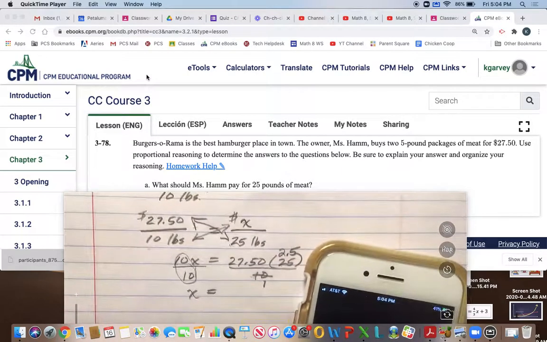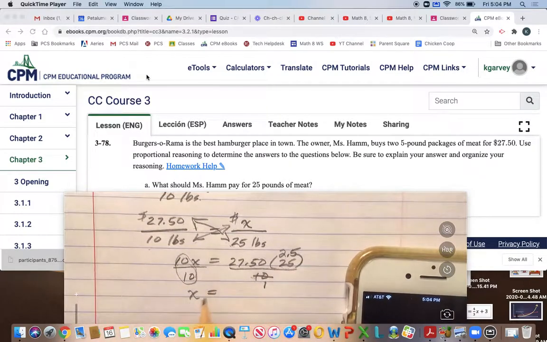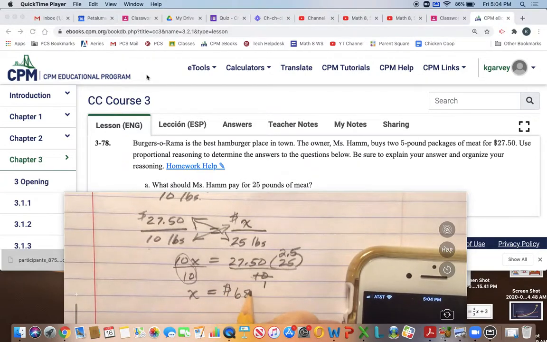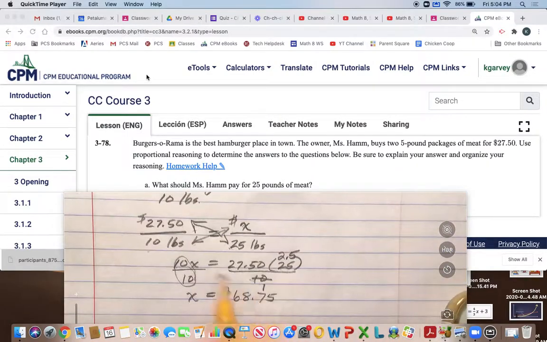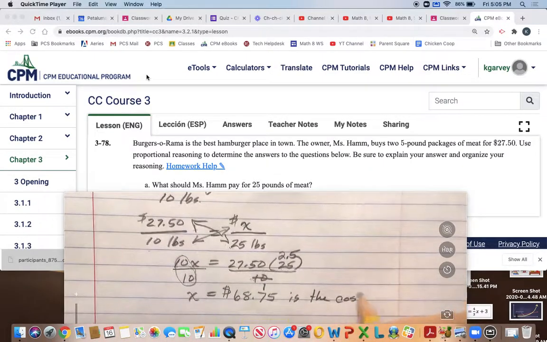All right, so 27.5 times 2.5 is equal to $68.75. So our x is $68.75. So that's how much it's going to cost, the cost of 25 pounds of meat.